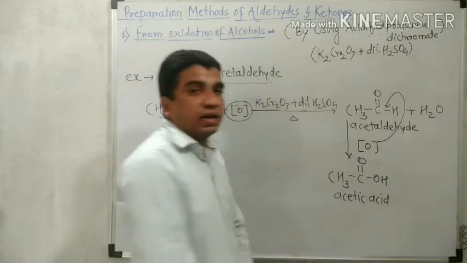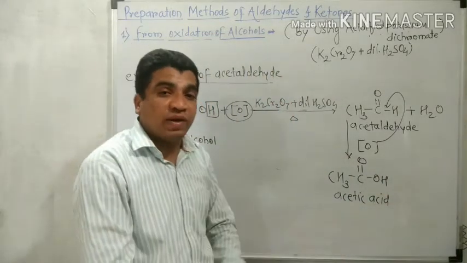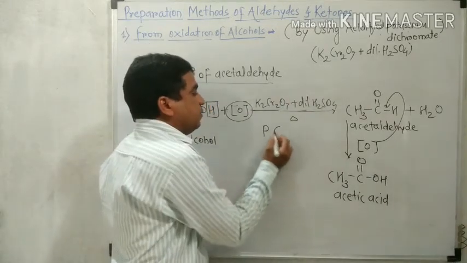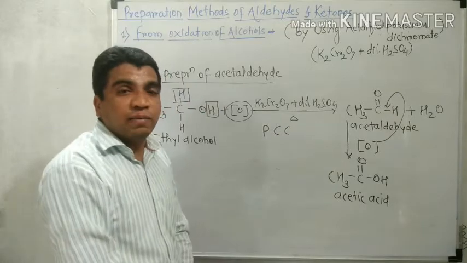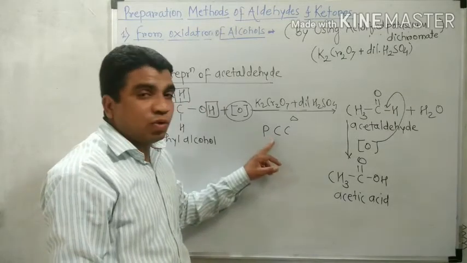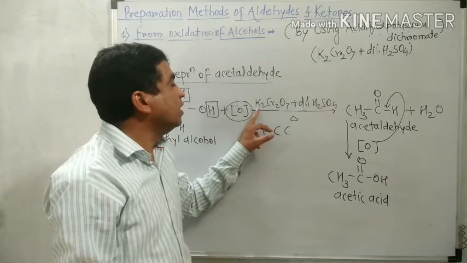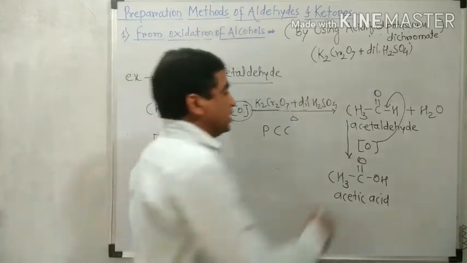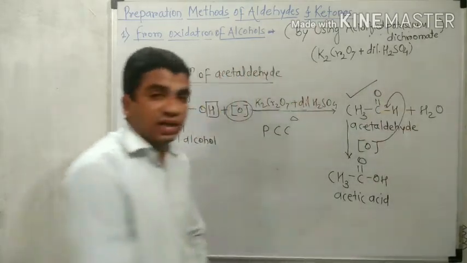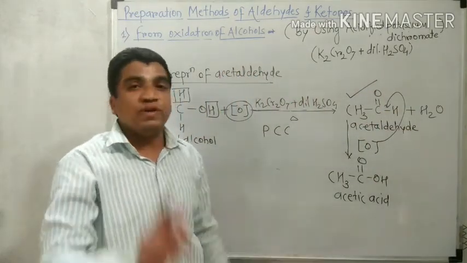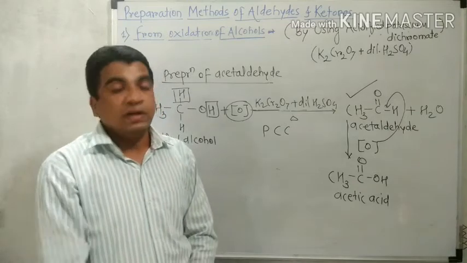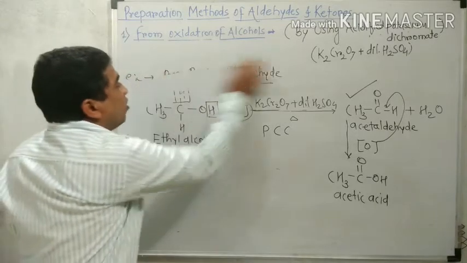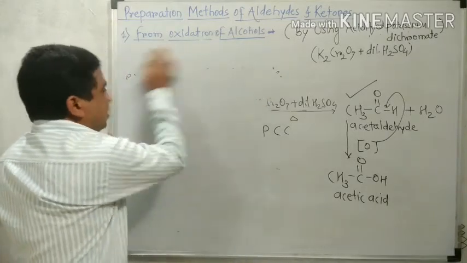And you know that if you want to prevent the formation of the acid, the option for the oxidizing agent is PCC, that is, pyridinium chlorochromate. If pyridinium chlorochromate is added instead of K2Cr2O7 and H2SO4, the reaction stops at the stage of only acetaldehyde. There is no formation of acetic acid. That is about the preparation of aldehydes from the oxidation of primary alcohol.